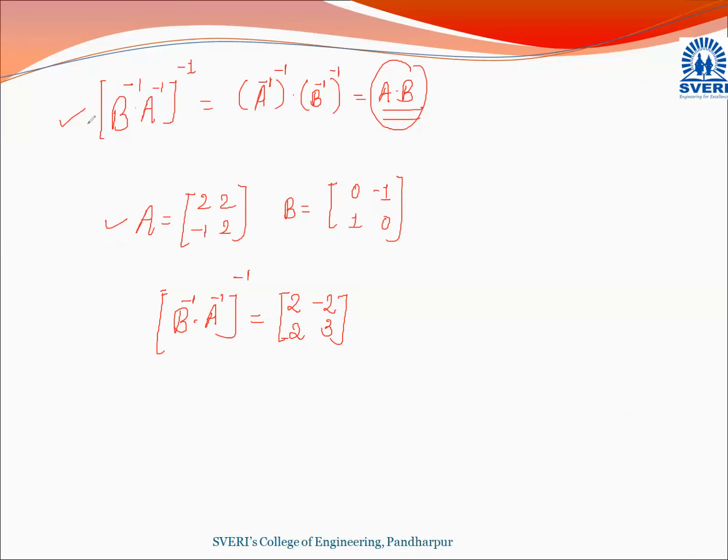Now after that, shortcut methods. In that, determinant of adjoint of A is equal to determinant of A raised to n minus 1, where n is the order of the matrix.